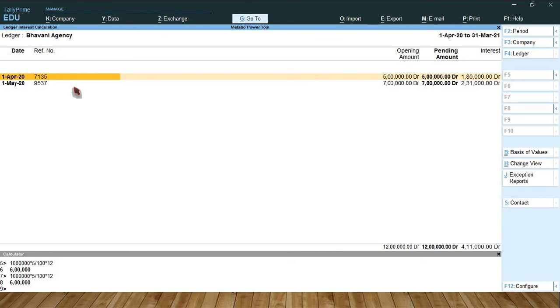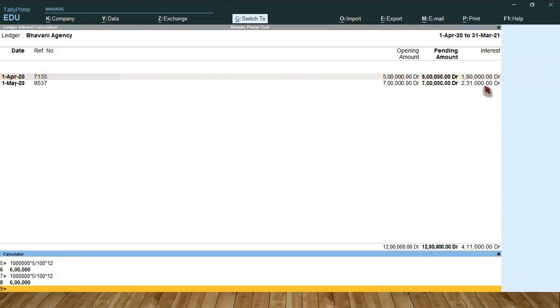So that's why it is calculated as per the transaction by transaction. See here, 5 lakh. So for 12 months, 1,80,000. This is 7 lakh, May transaction. This is 11 month interest, 2,31,000. You just verify it.